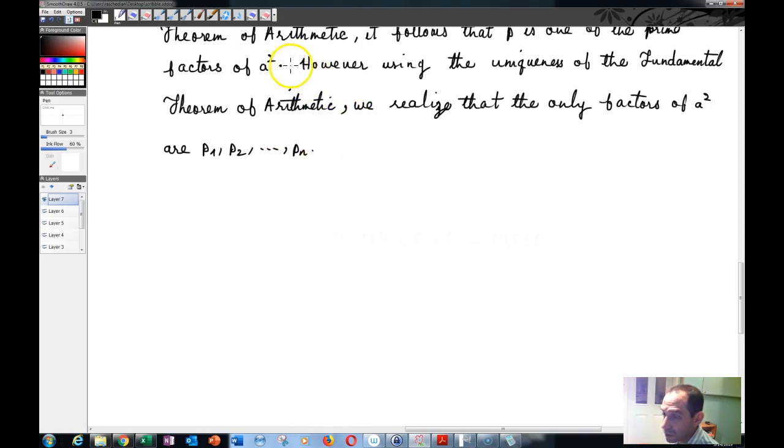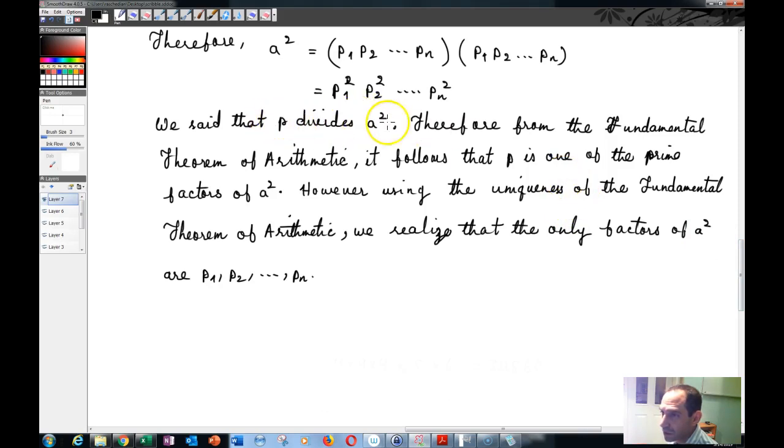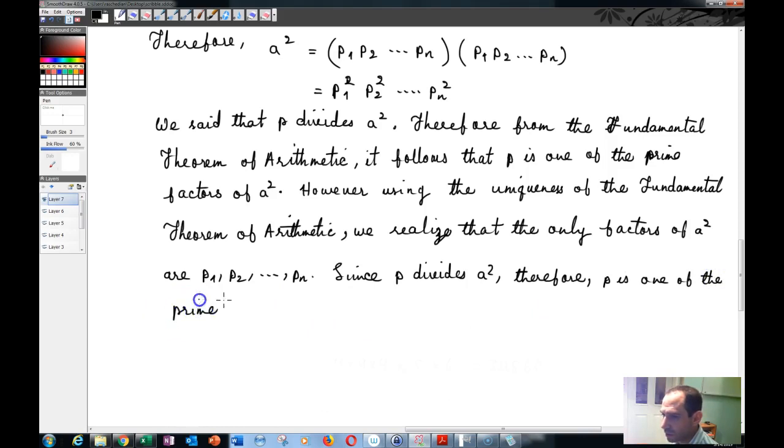So since p divides a squared, therefore p is one of the prime factors p1, p2, all the way up to p of n.